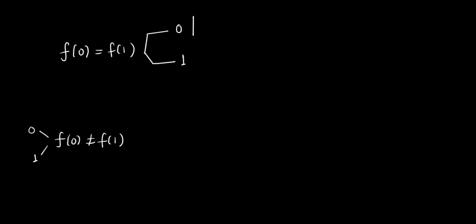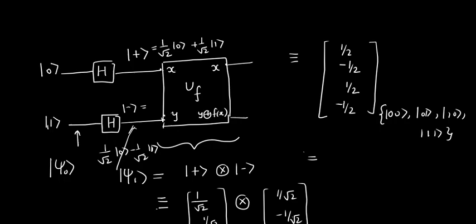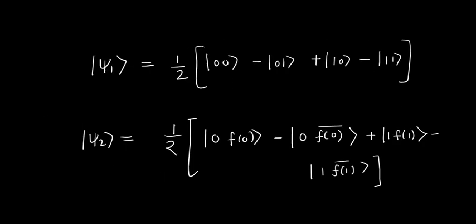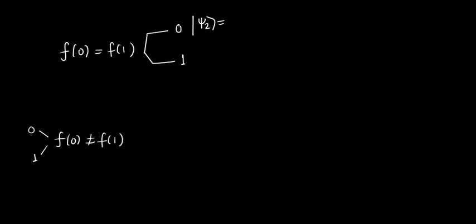So let's see this. First, the scenario when f0 and f1 both are 0, at that time the output of this UF would look like this. You have to replace f0 with 0 and f1 with 0. You can easily see, just take some time and try to do it by yourself.